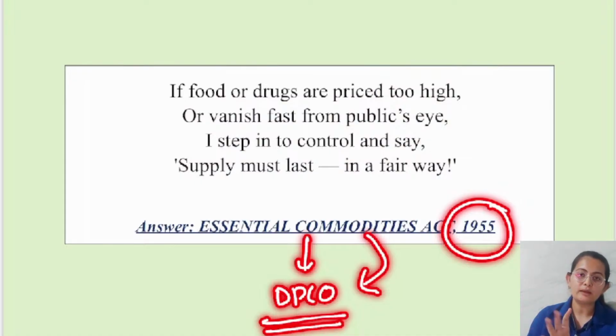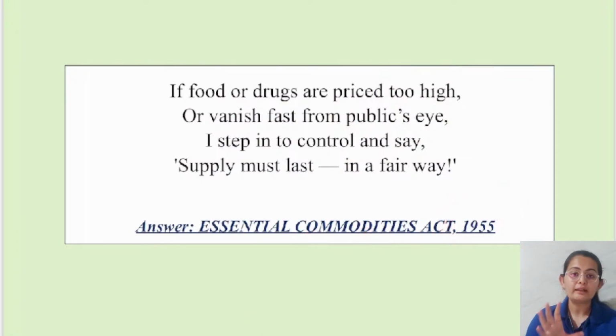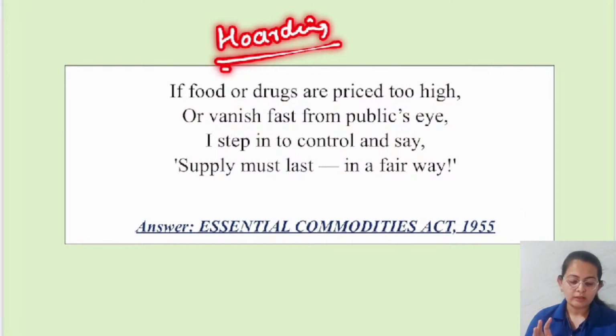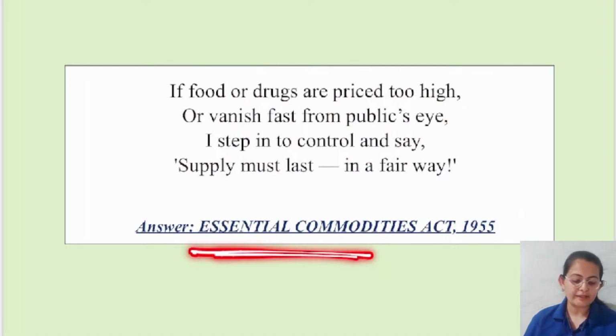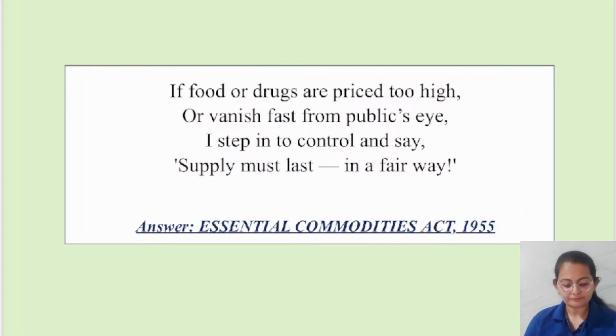DPCO is the latest one, but before DPCO, it was the Essential Commodity Act, which checked hoarding of food grains and causing scarcity in the market. To control all those factors, the Essential Commodity Act came into the picture, and hence it has all the provisions related to this.